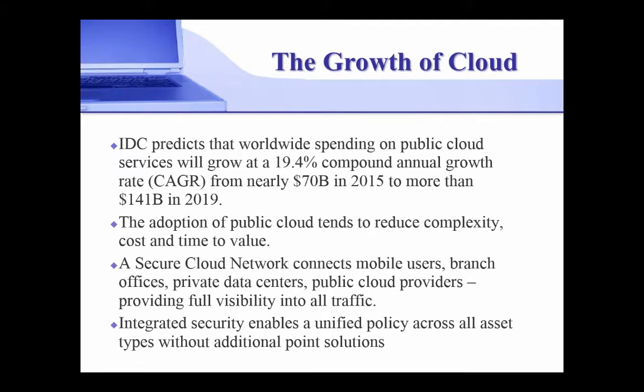And getting back to that slide that I had before on visibility, it provides full visibility into all traffic. Because nobody on this webinar today will be successful rolling out a new service or a technology in a wide area network if they don't have the capability to effectively troubleshoot it.